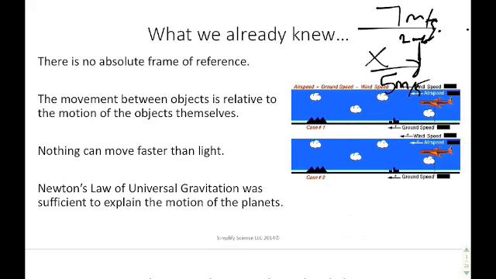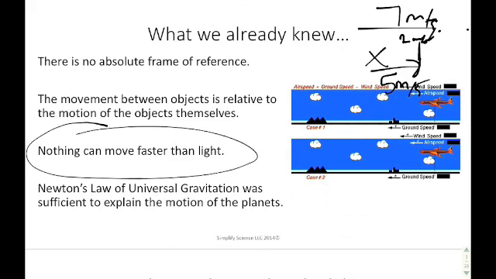We've talked about that already when we talked about motion. We also know that nothing can move faster than light. That's one of the things we talked about, that the speed of light is an absolute value that you cannot exceed. We also know that Newton's law of universal gravitation was sufficient to explain the motion of the planets. So that's stuff we already knew.